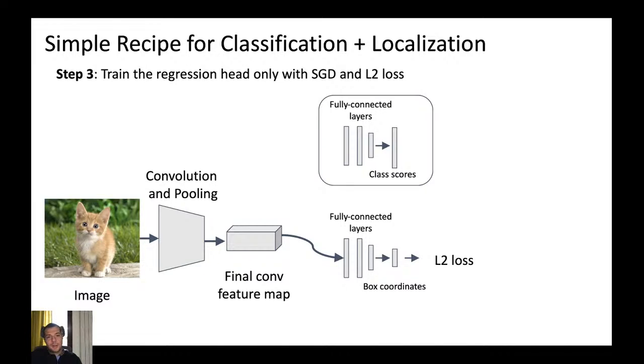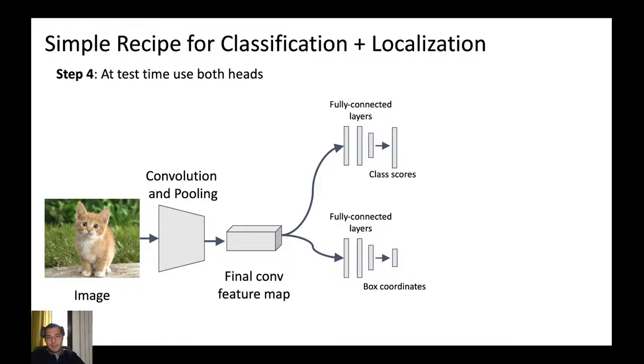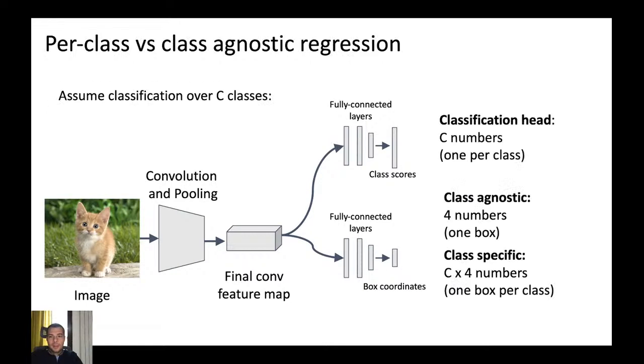Okay, so for the regression head, we train the model typically using the L2 loss, which is equivalent to the mean squared error. And at test time, we can use both architectures to predict classes and bounding box locations. Another approach in this area is to use a model that predicts bounding boxes for each class of objects.